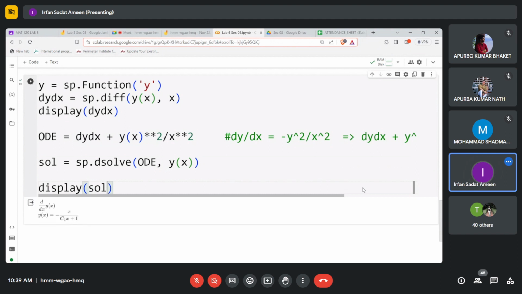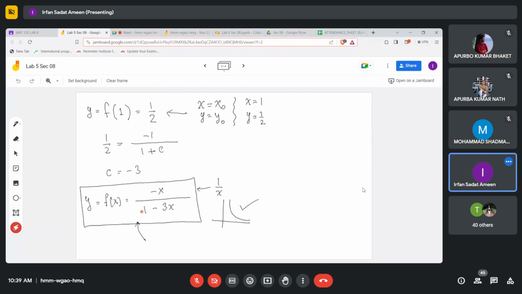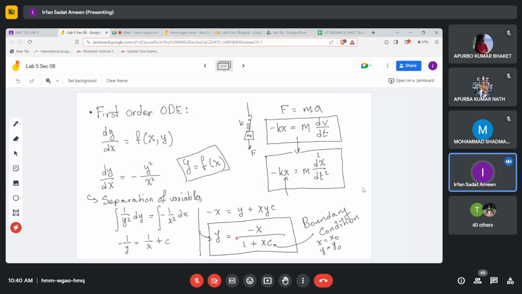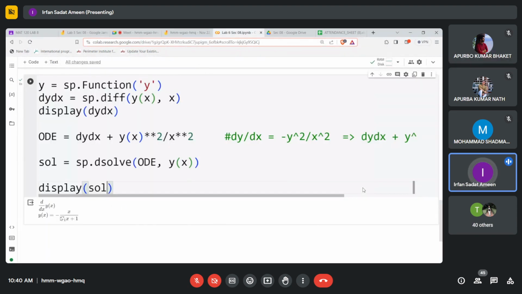And voila, see, we have minus x by c times x plus 1. Wasn't this the... oh, this was with the initial value. Yes, it was right, minus x divided by 1 plus c times x. Okay, exactly the same thing comes here, minus x divided by 1 plus c times x.